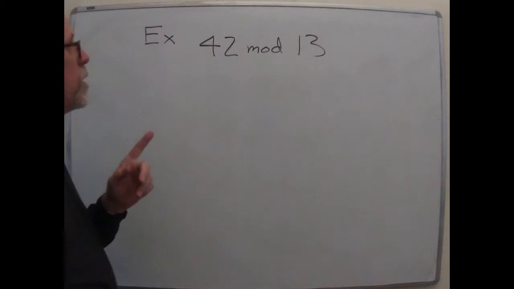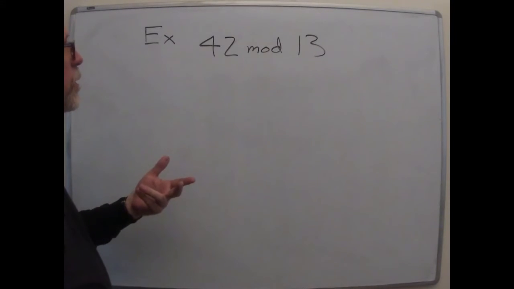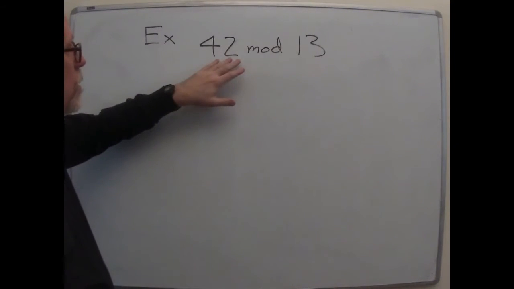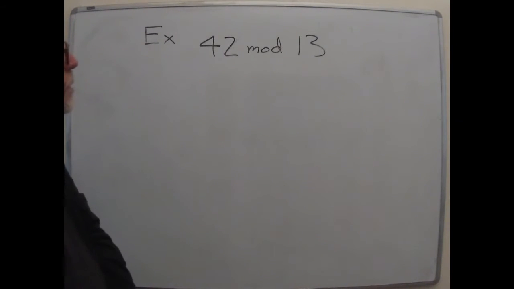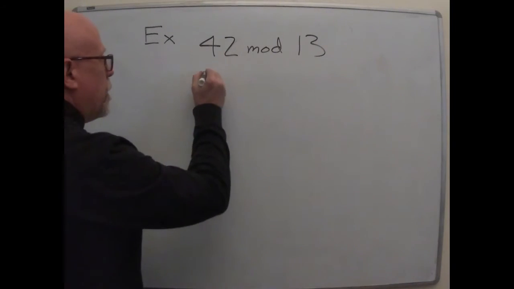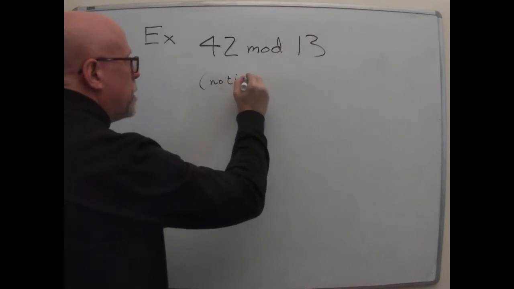I'm doing this example because I want you to learn some of the mental shortcuts you can take to figure this out. What you want to do is look for a multiple of 13 that comes somewhere before this. Do you notice that 39 is 3 times 13?